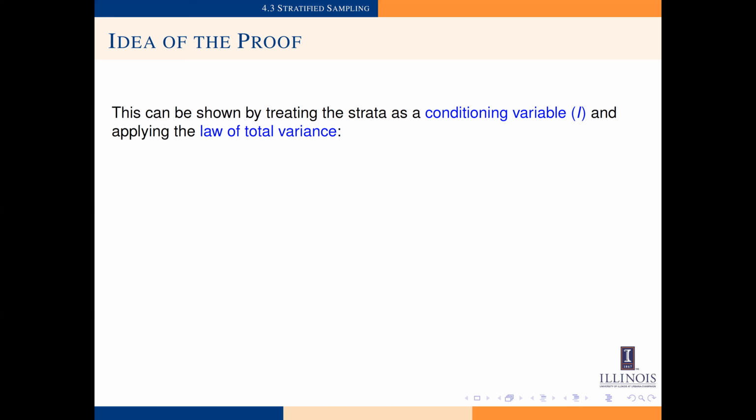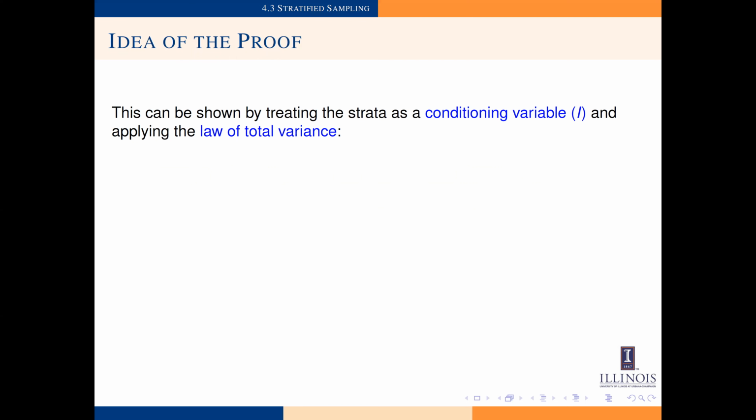In order to show that the variance can be reduced through stratification, we can think about the strata as a conditioning variable. Let's denote it by I. So if we divide the interval A to B into 10 strata, then the conditioning variable I can take 10 possible values ranging between 1 and 10.